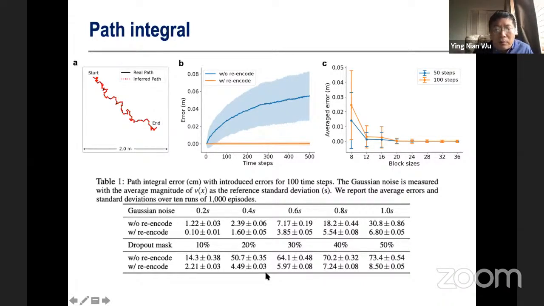Also, if you have this dropout mask, for example, if you randomly silence half of the neurons, the error is still like 9 centimeters. So you can still manage to move around, with this error correction capability.